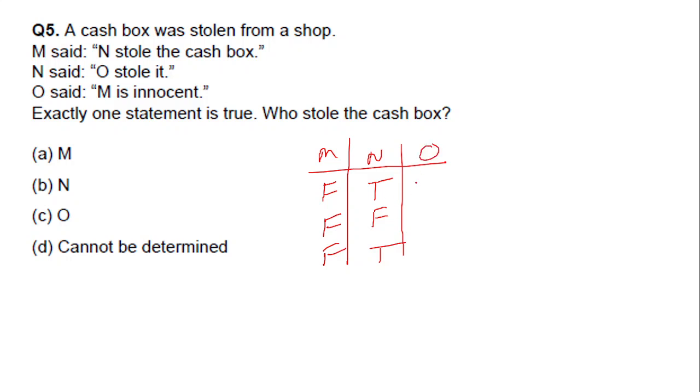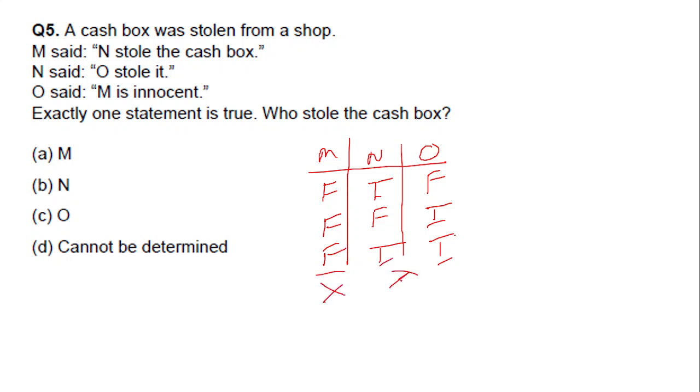We'll go to O. We are assuming O is the thief now. M said N stole the cash box. False. N said O stole it. True. O said M is innocent. True. So here also we got two times true, not possible, two times true, not possible, all time false.